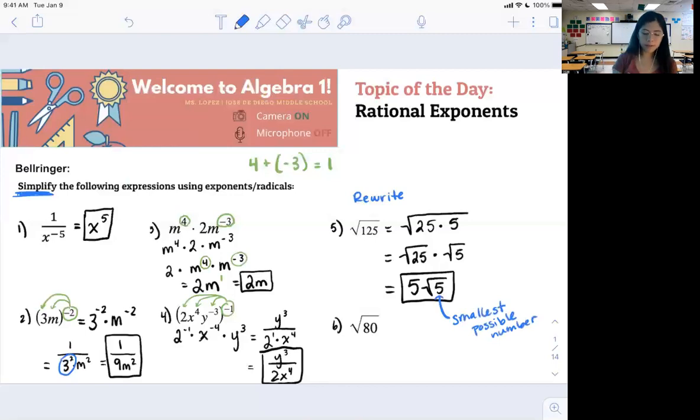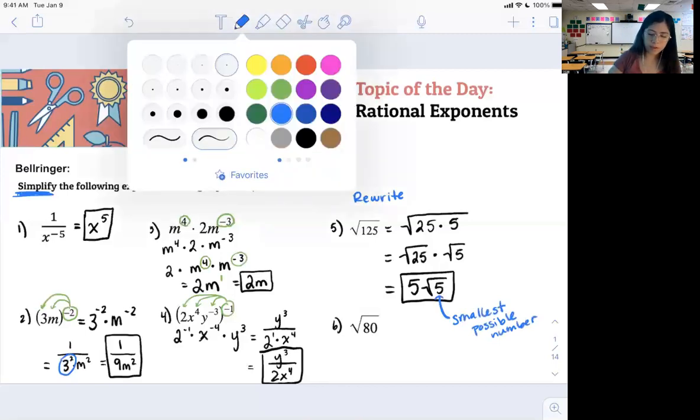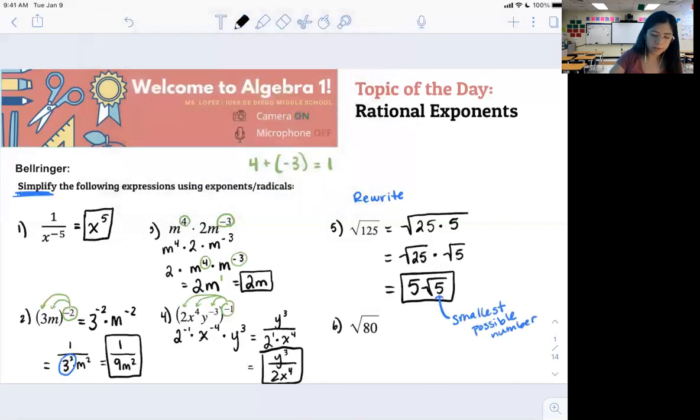So with 80, the square root of 80, what can I split it up into? The number 16 times 5. 16 times 5. Nice. Beautiful. And that's a great pair of numbers because the number 16 is what type of number?